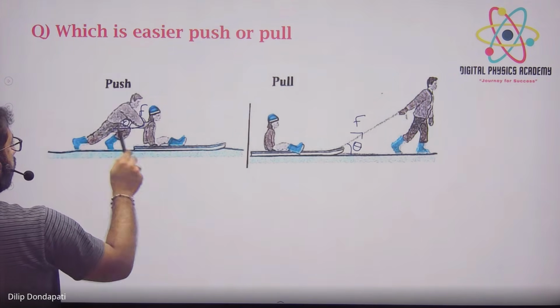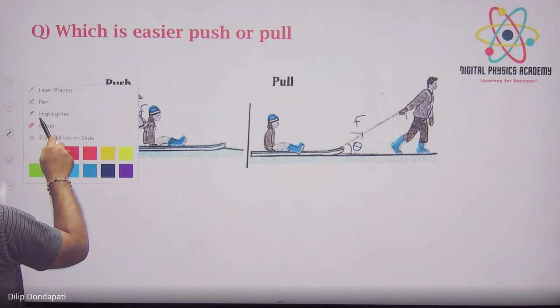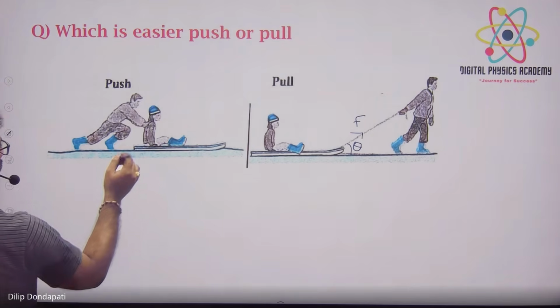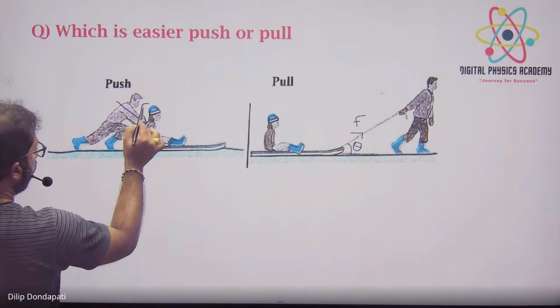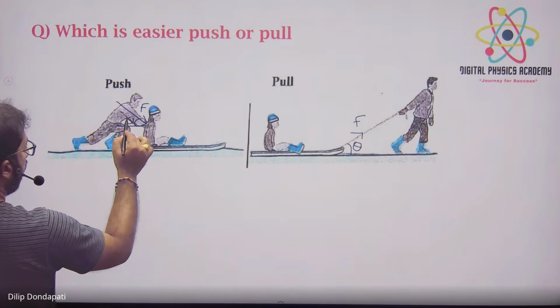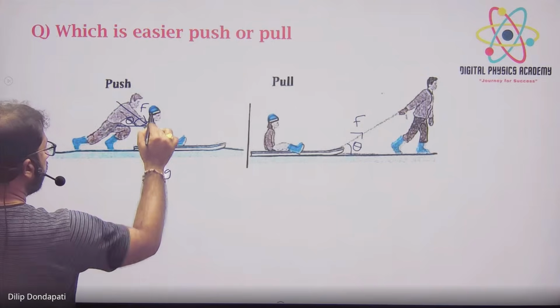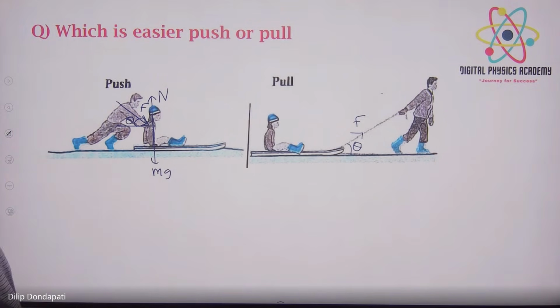I'm applying a force. देखो, I'm applying a force F at the angle theta. And what is the force acting? Downwards is mg and upwards is normal action. Okay, now tell me, calculate F.